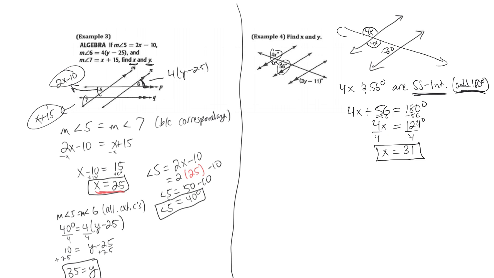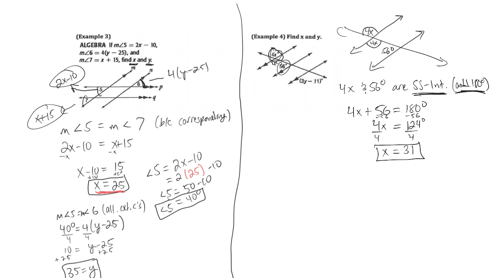Now, we can either use our 4x here and plug in the x for it and then compare it to our 3y minus 11, or we could do 56 and 3y minus 11, and you'll see that they're supplementary as well. But let's use the 4x.